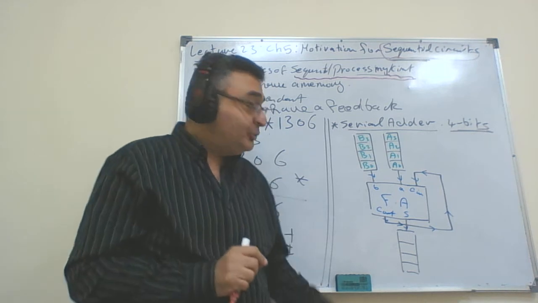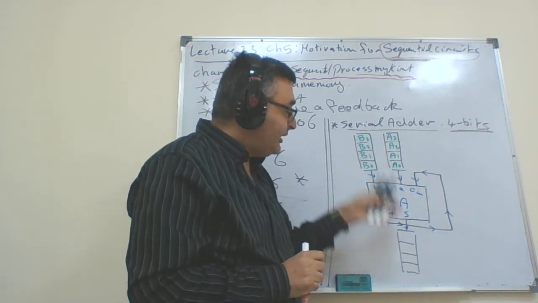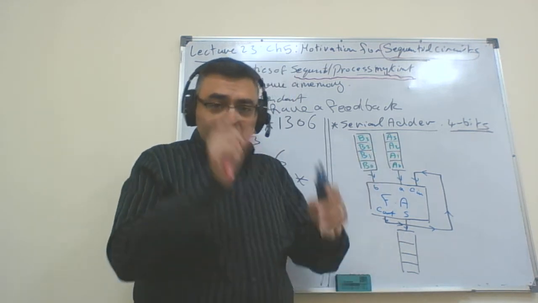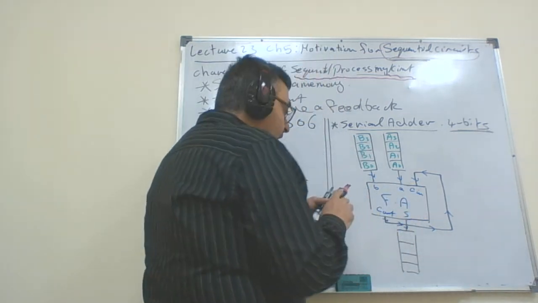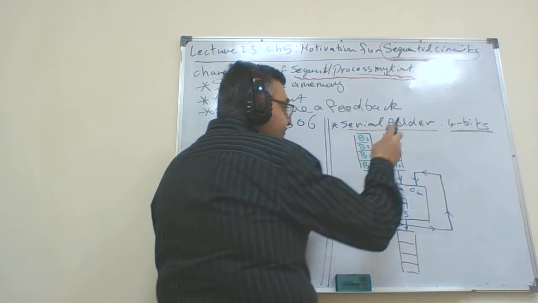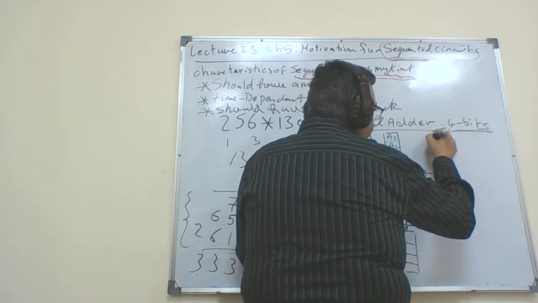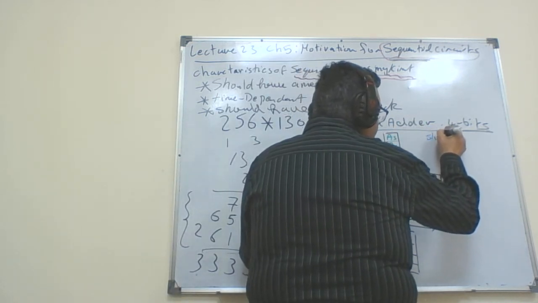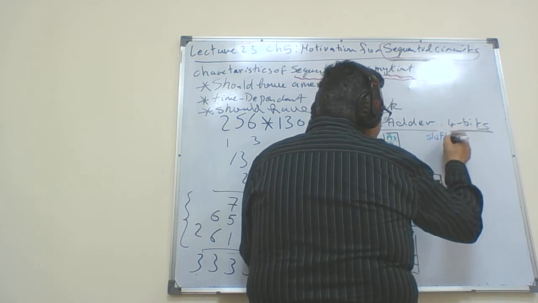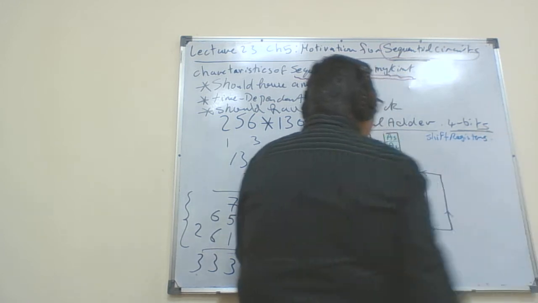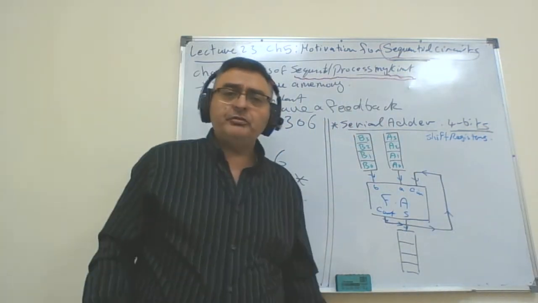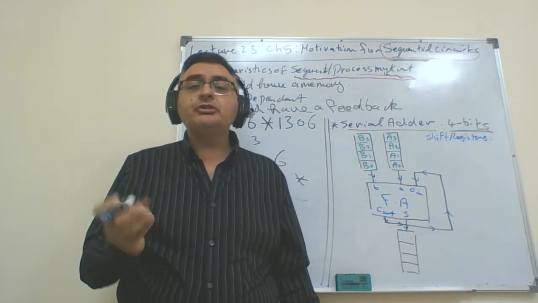I have to also use those 3 small arrays that we have seen. Those are called shift registers. What are shift registers? Those are just storage.